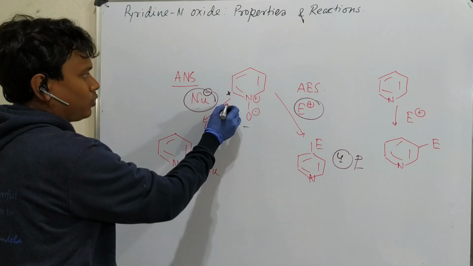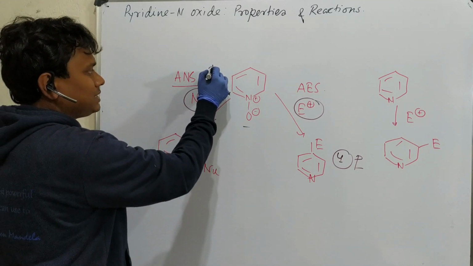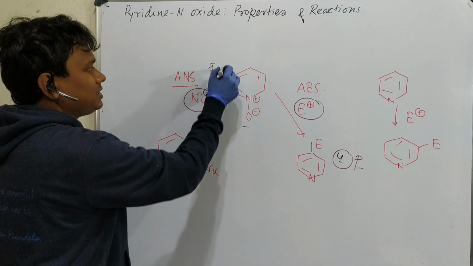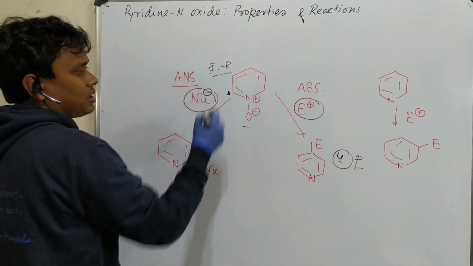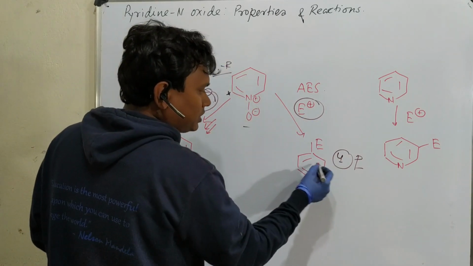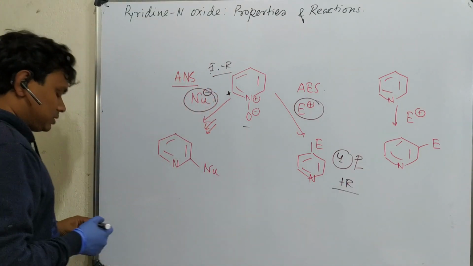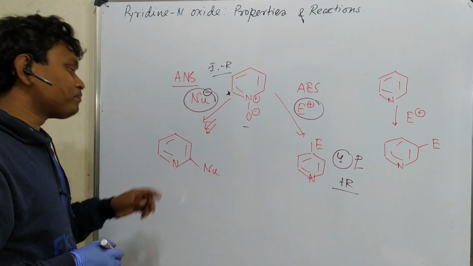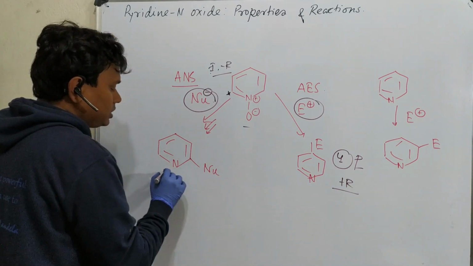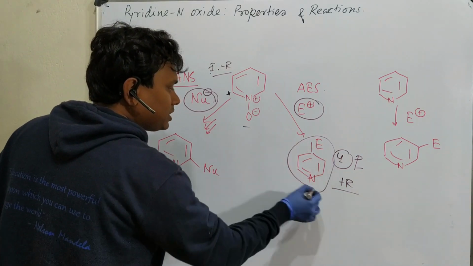One is the minus I effect, another is the minus R effect, and for aromatic electrophilic substitution the plus R effect works, not the minus I. So that is advantageous for getting the 4-substituted pyridine.